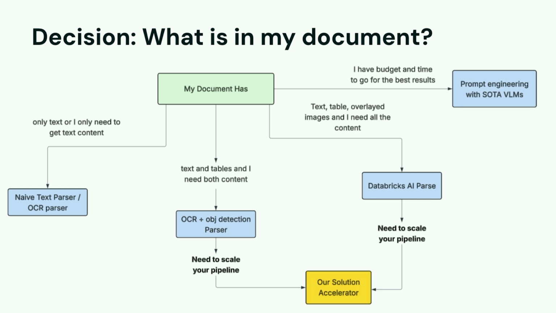Then you would need, at the minimum, an OCR plus object detection, where the bounding box of the table in the PDF file can be identified, and the table structure is maintained when you parse it out.